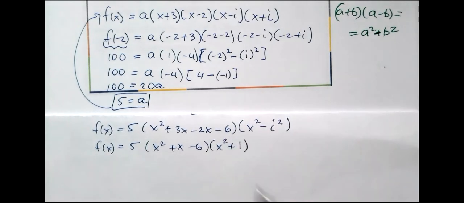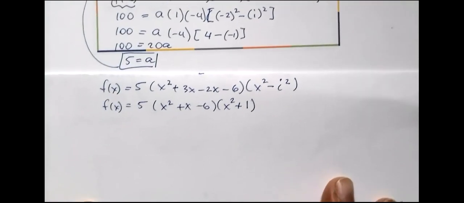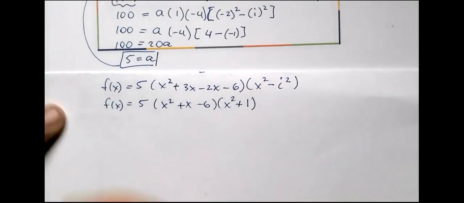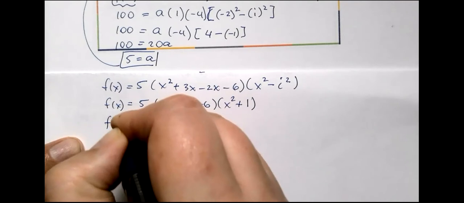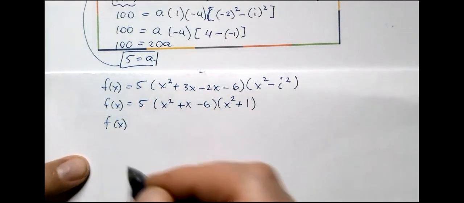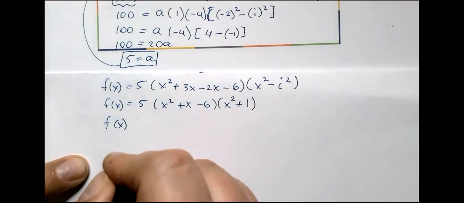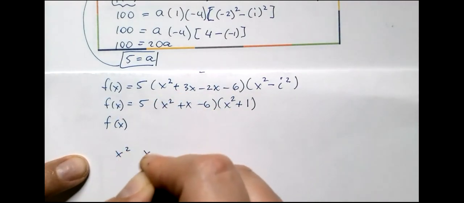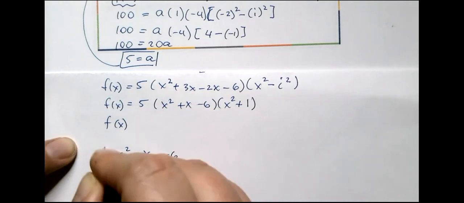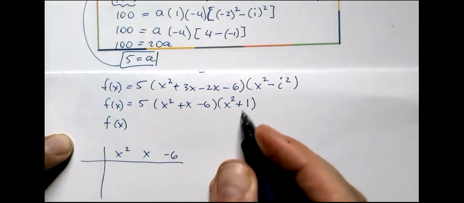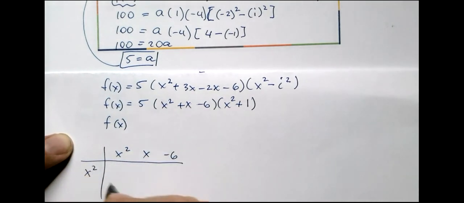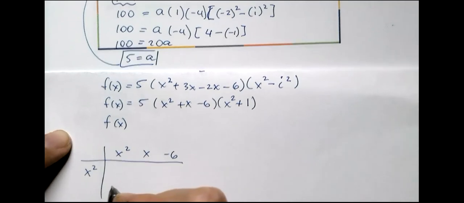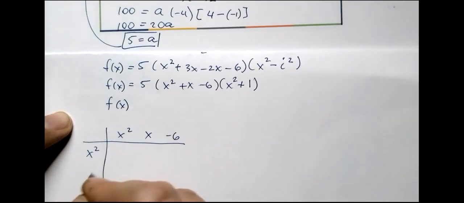Remember, i squared is -1 and a negative, so it becomes +1. So now I have to multiply these two, and I'm going to use a different method. This time, I'm going to create a table. So I have x squared, x, and -6, and I'm multiplying it by these terms, x squared and 1.